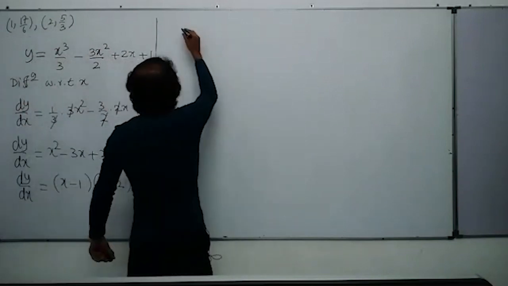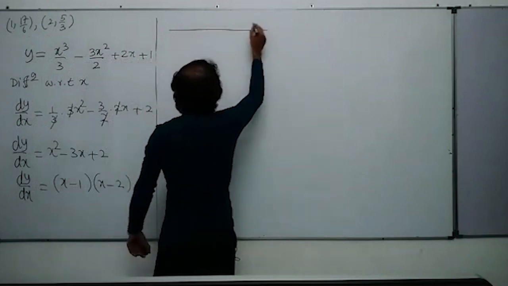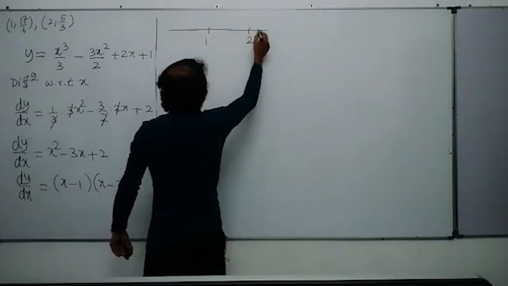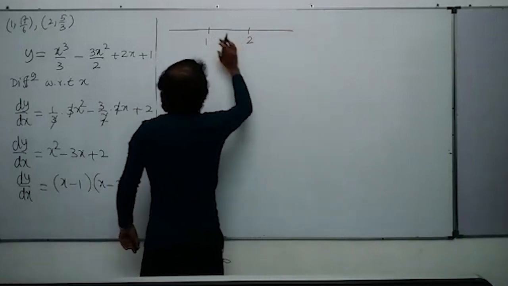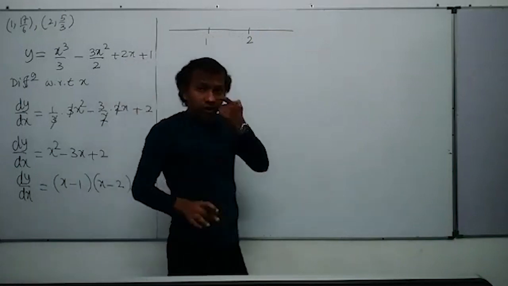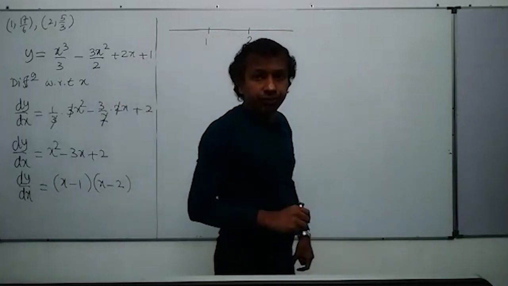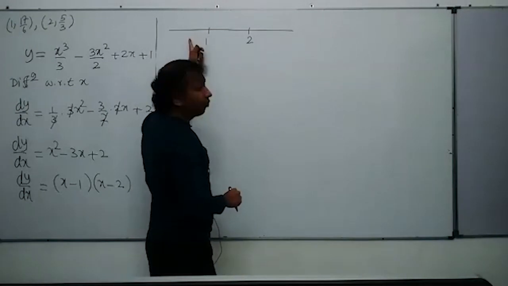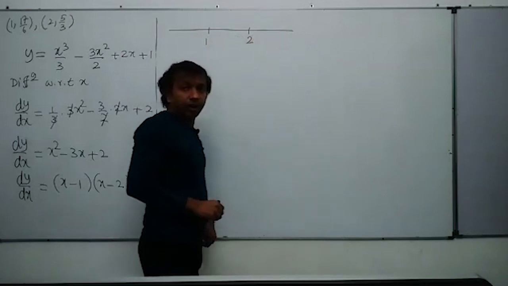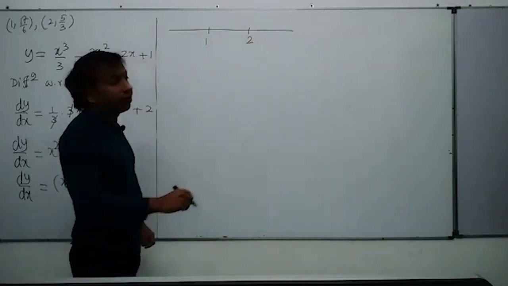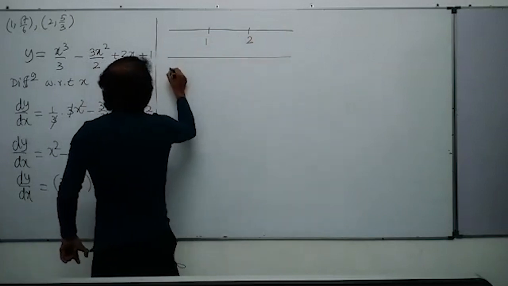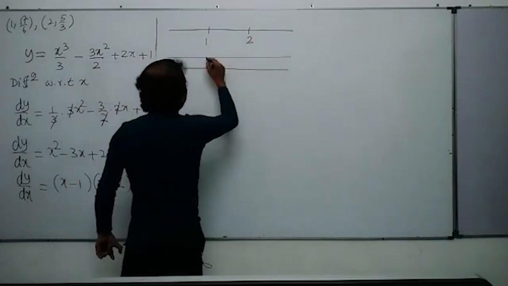Then on the number line, we mark this 1 and 2 in order. You can very clearly see, once you mark 1 and 2 on the number line, they divide the number line into 3 regions: the region on the left of 1, between 1 and 2, and on the right of 2. Accordingly, creating regions or ranges, we create a table this way.